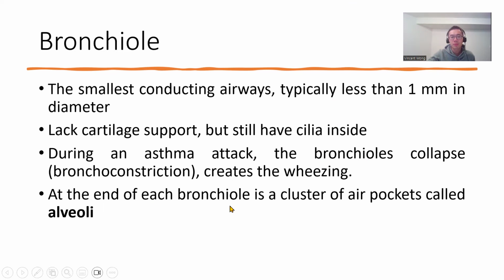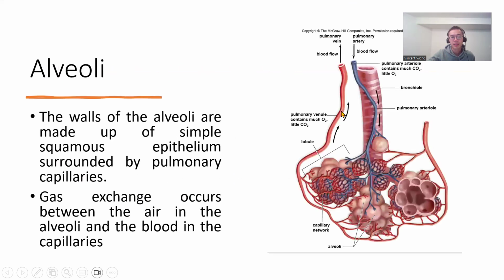At the end of each bronchiole is a cluster of air pockets called the alveoli. Again, that's where gas exchange occurs. So that's what the alveoli look like. It's a cluster of air pockets, and surrounding the alveoli are the pulmonary capillaries.